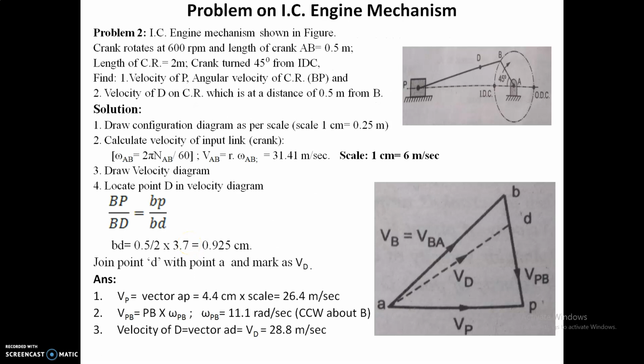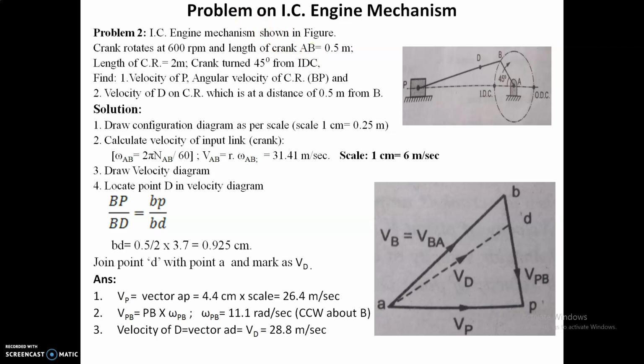In the given problem, the IC engine mechanism is shown in the figure. The rotation of the crank is given as 600 rpm in clockwise direction. The position of the crank is given, that is 45 degrees from IDC, inner dead center.